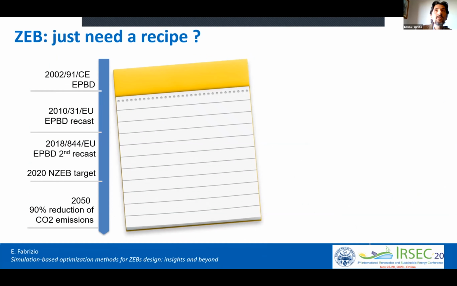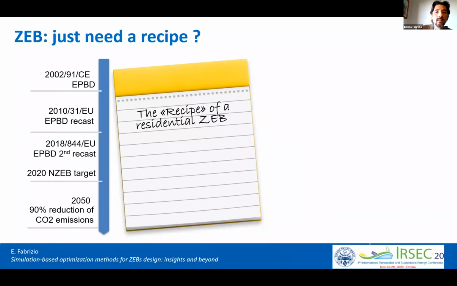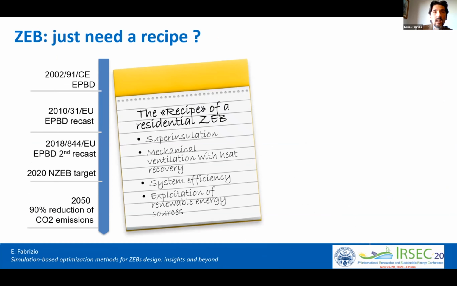But if we are asked what is the recipe of a zero energy building, everyone knows the answer. That is super insulation, obviously, mechanical ventilation with heat recovery, system efficiency, and the use of renewable sources. But is it as simple as that?